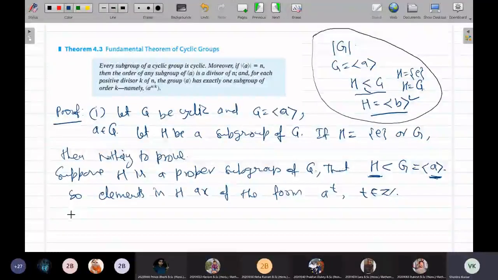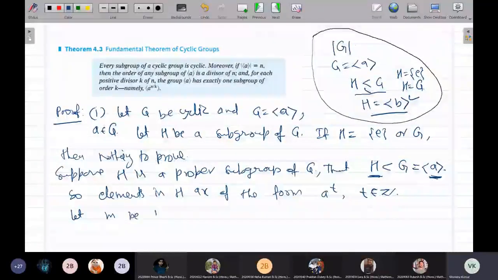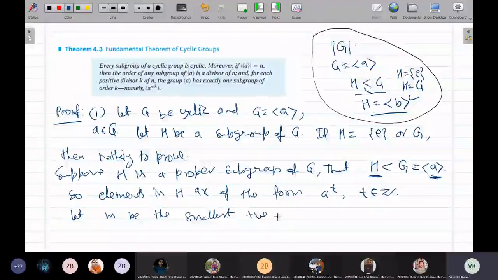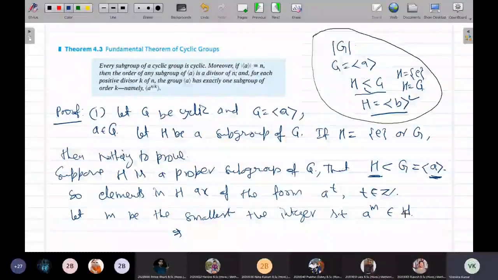Okay. So let us assume, let M be the smallest positive integer such that A raised to power M belongs to H. Okay, and then this implies that because A raised to power M belongs to H, all powers of A raised to power M will also be a member of H, because H is a subgroup of G. Fine.